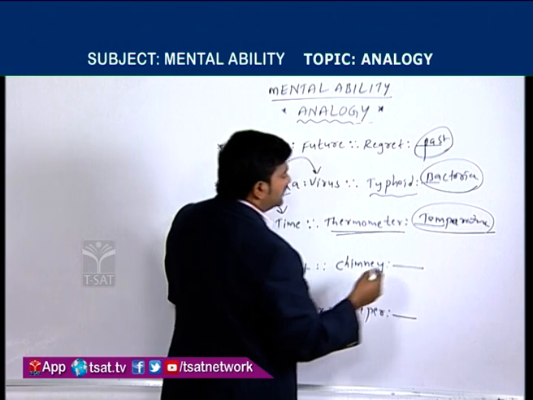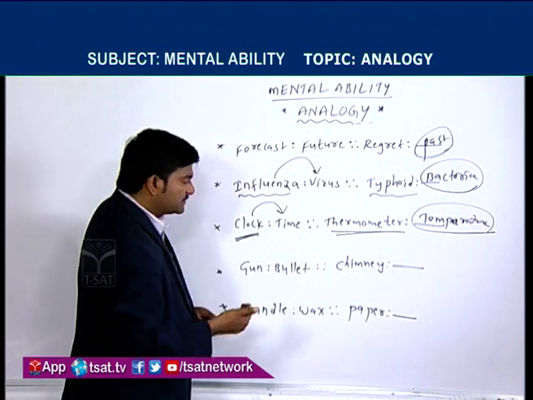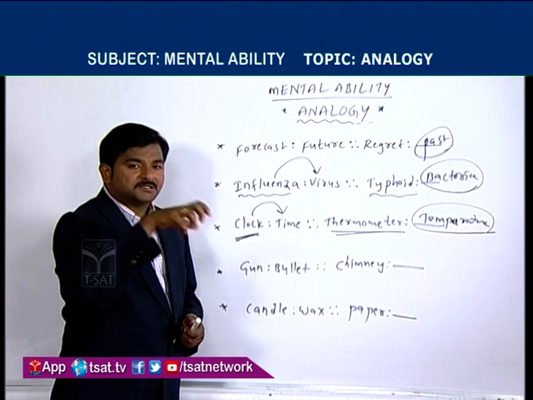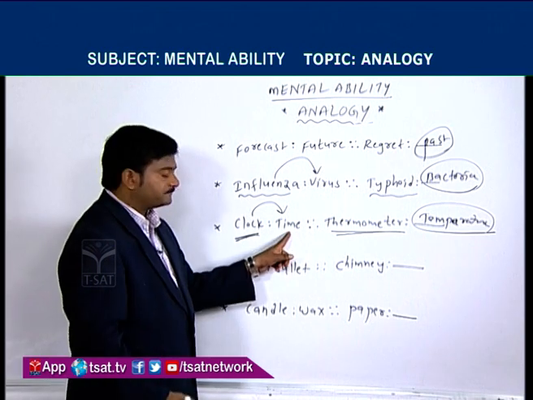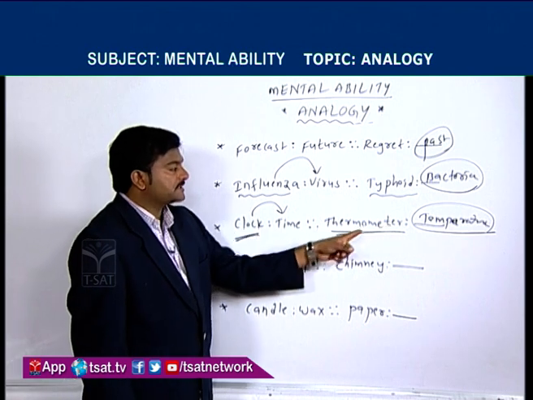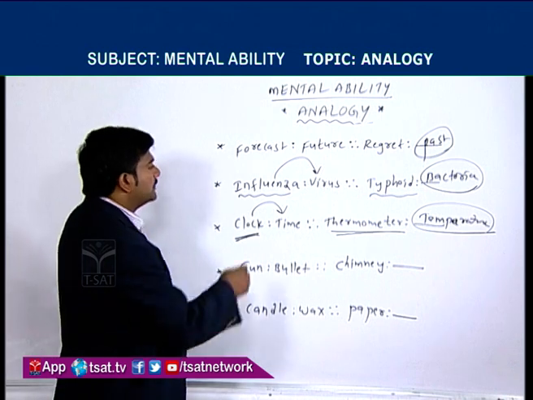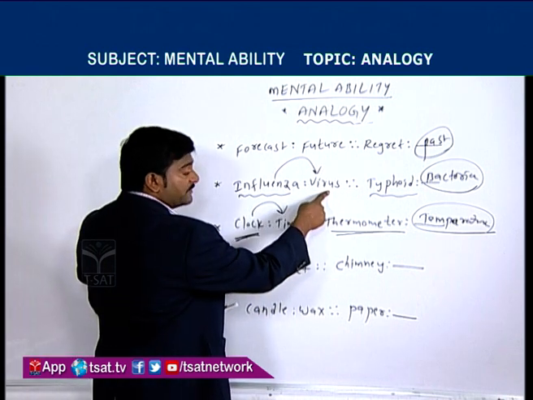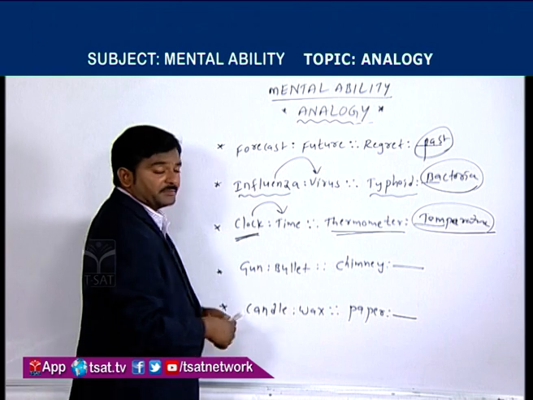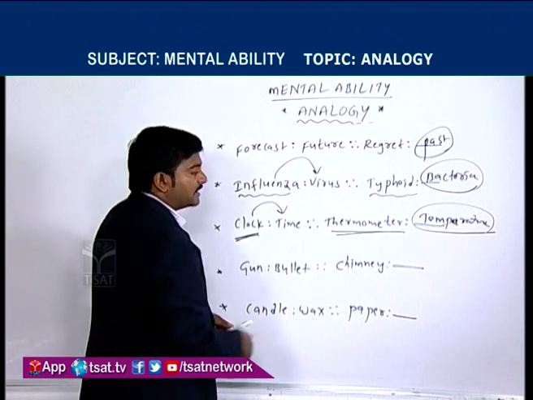So indirectly, first one is the machine, second one is what we measure with this machine. Time can be measured by using a clock. Similarly, temperature can be measured by using a thermometer. That is the concept: disease caused by virus, disease caused by bacteria; similarly, machine and what we can measure.